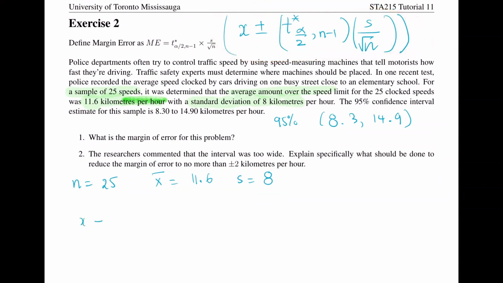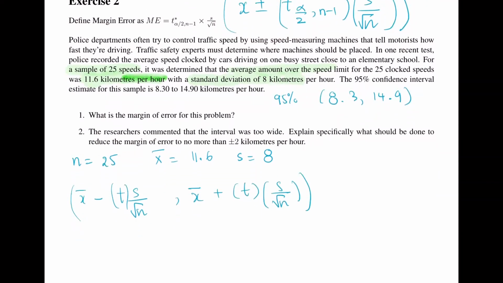So we have x bar minus t times s over square root n, and then x bar plus t times s over square root n. So this was how we construct the confidence interval. In here, it would be 8.3 and 14.9.